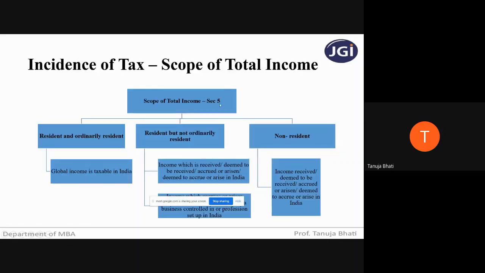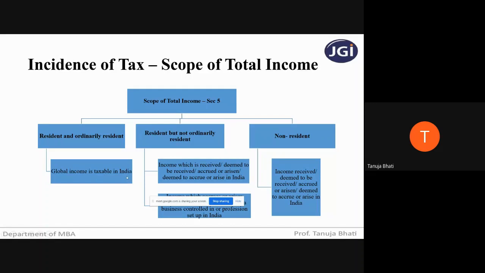This slide is telling us that once we determine the residential status, what type of income will be taxable in respect of that particular SSC. Suppose I determine that your status is resident and ordinarily resident, then what income will be chargeable to tax in India?